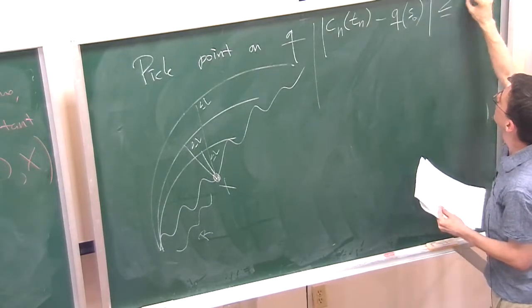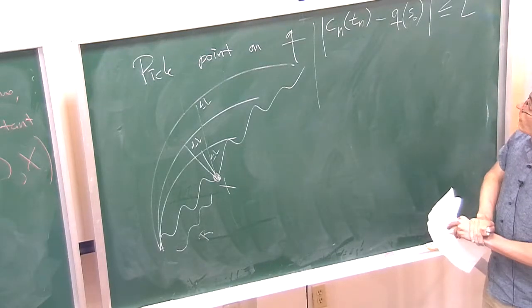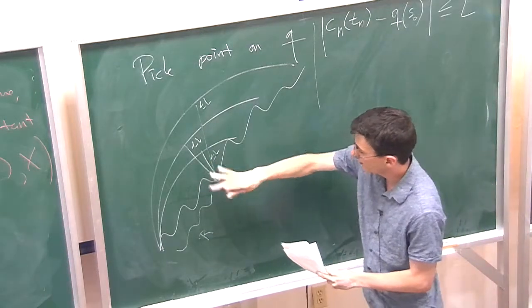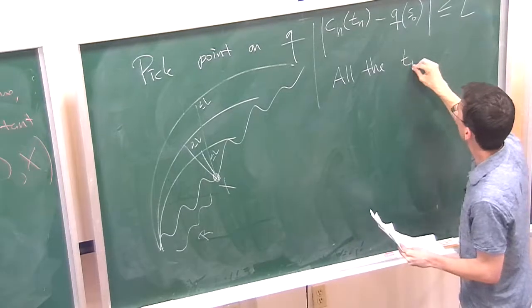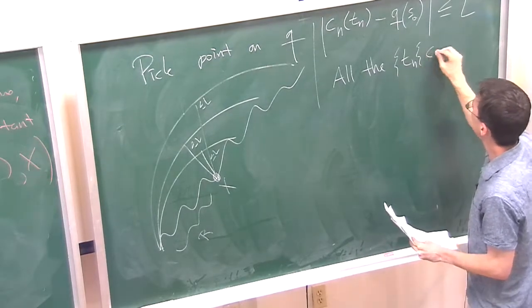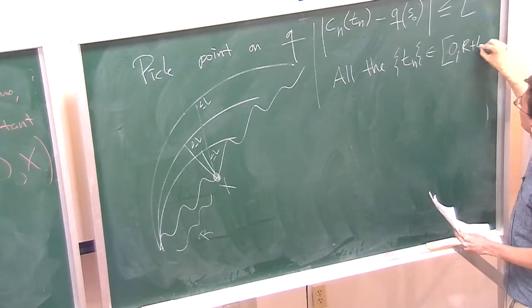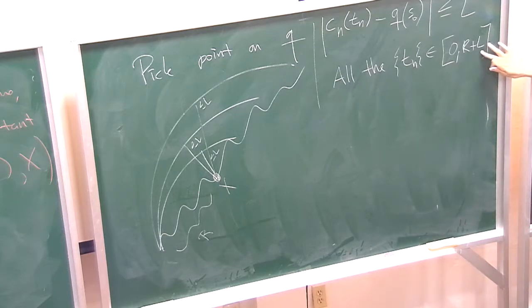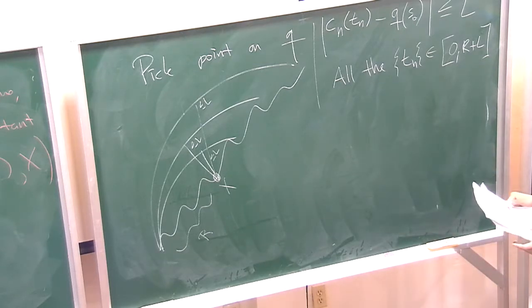These are the guys that realize that. And because of this geodesic condition, all the T_N are contained in some interval, 0 to R plus L. This L is the Morse constant for our quasi-geodesic.